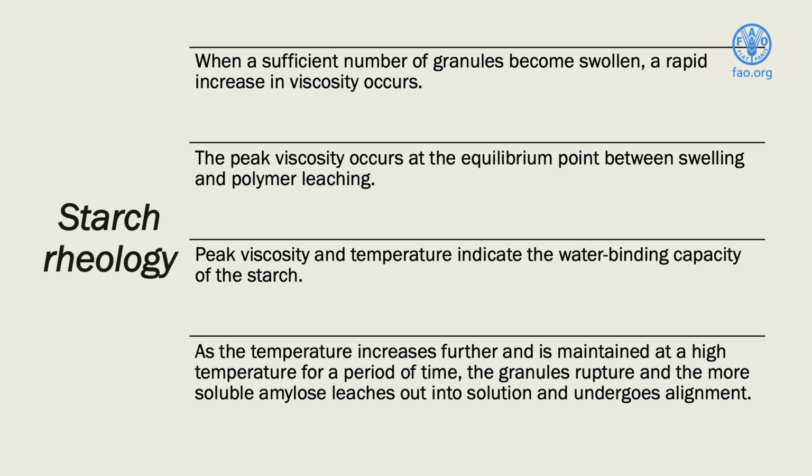Peak viscosity occurs at the equilibrium point between swelling and polymer leaching. Peak viscosity and temperature indicate the water binding capacity of starch. As the temperature increases further and is maintained at high temperature for a period of time, granules rupture and more soluble amylose leaches out into solution and undergoes alignment.